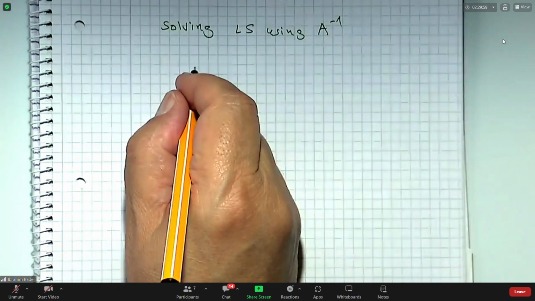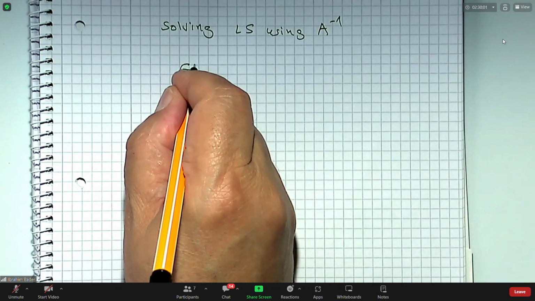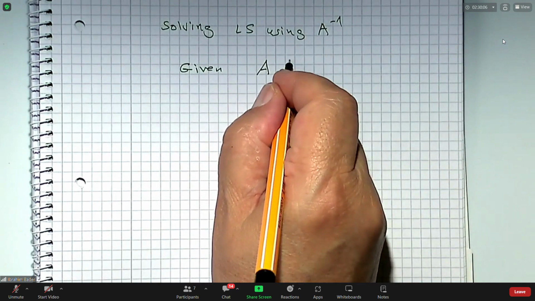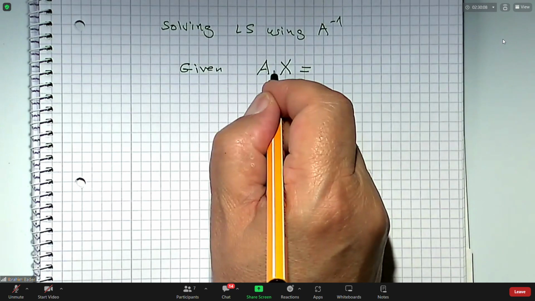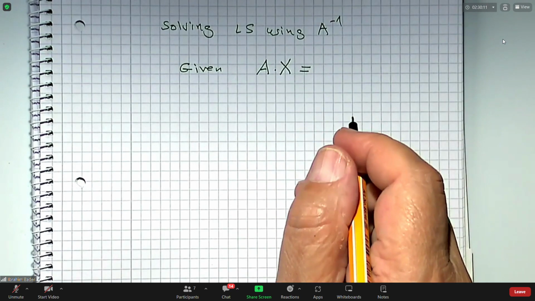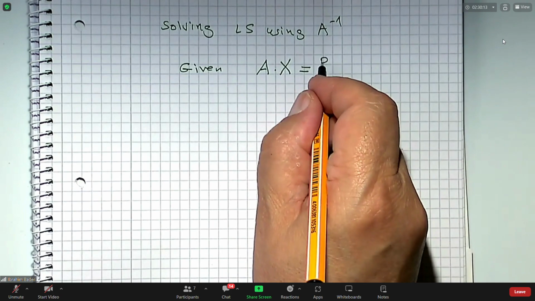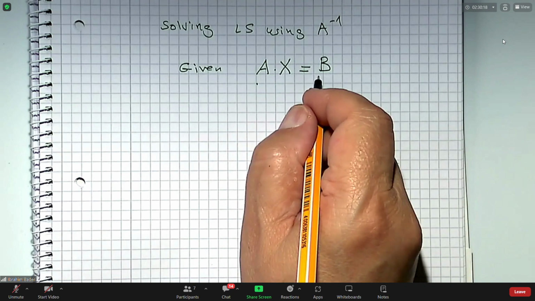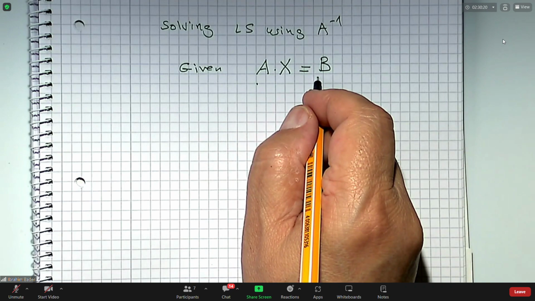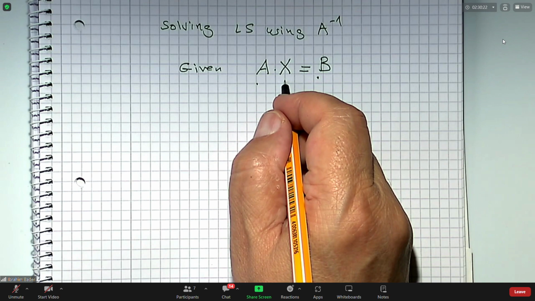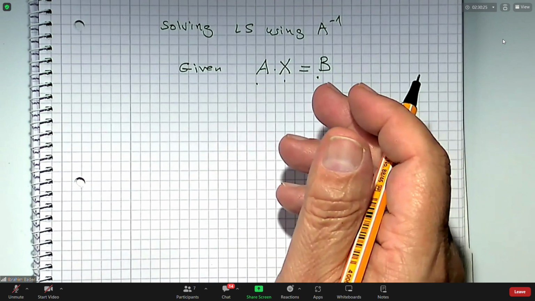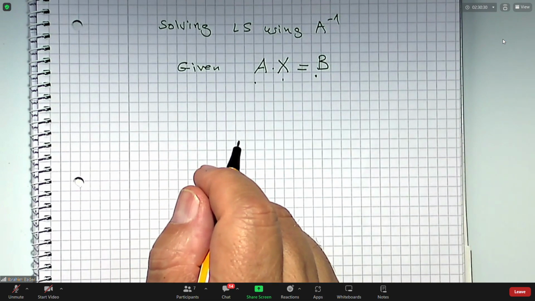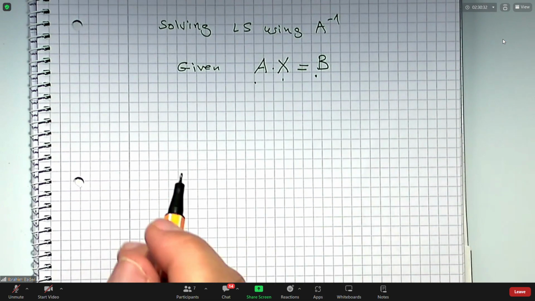Now, we are given the system in let's say matrix form, coefficients matrix times the unknowns, this is matrix multiplication. So we are given the coefficients matrix A. The right hand side is the column B, and the capital X is the unknowns. If you are given the equations, well, you can just find out the matrix. The first step you need to do is to write it in this form.